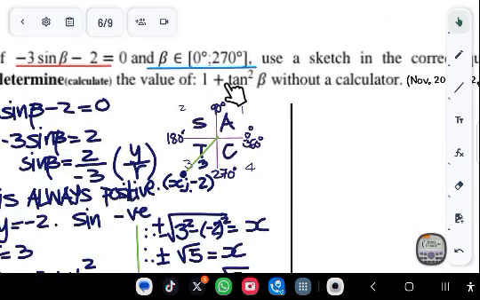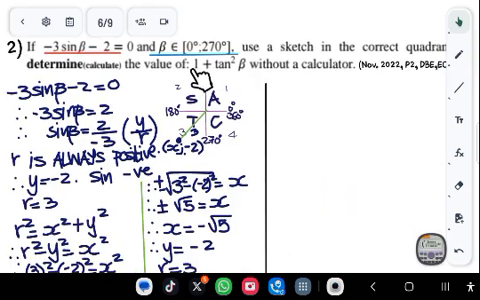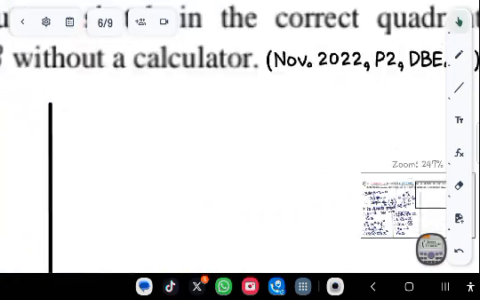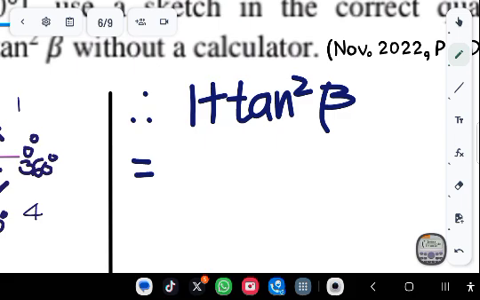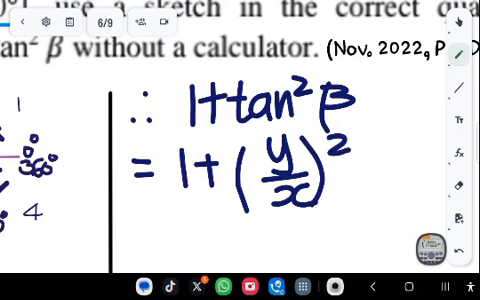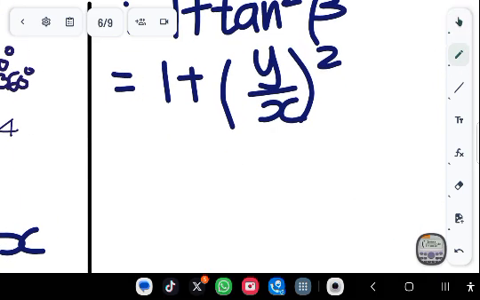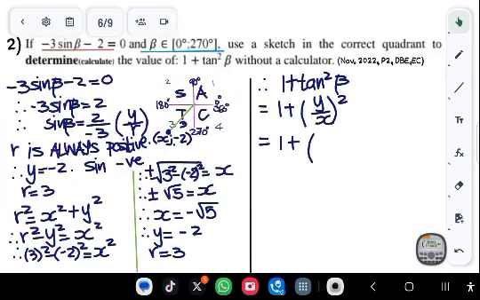Now determine the value of 1 plus tan squared beta. Therefore, 1 plus tan squared beta will be easy to evaluate. That will be 1 plus tan, which is y over x, all squared. So that is equal to 1 plus, y is negative 2, x is negative square root of 5.